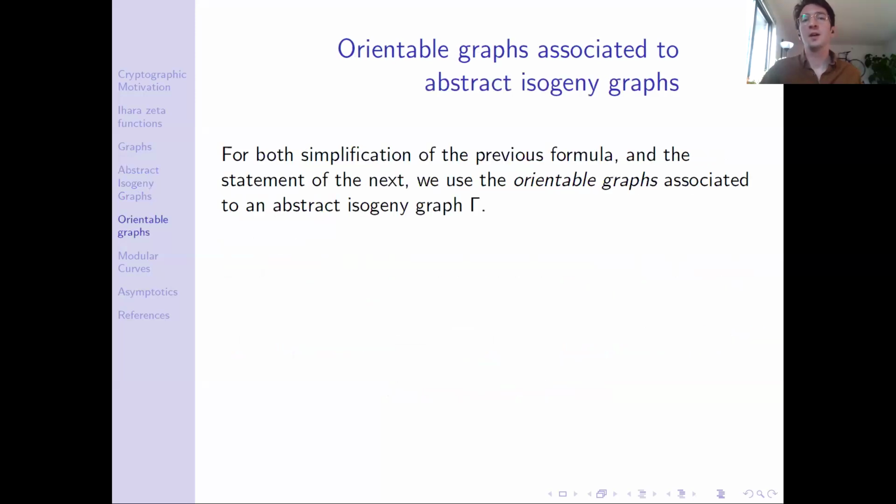for this. And to do that, we introduce things we call the orientable graphs associated to an abstract isogeny graph. So the term orientable comes from the graph literature and connections to topology. So we can kind of ignore that for now. What we want to do with these orientable graphs is make like an undirected graph out of the isogeny graph.